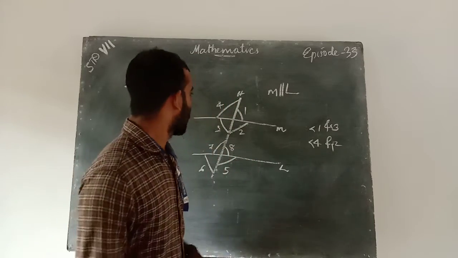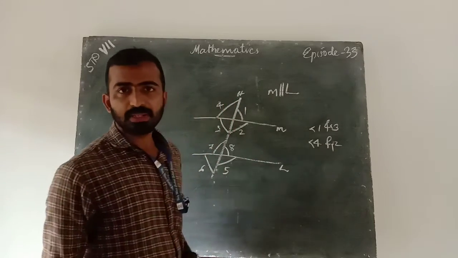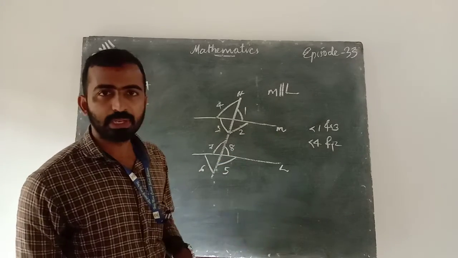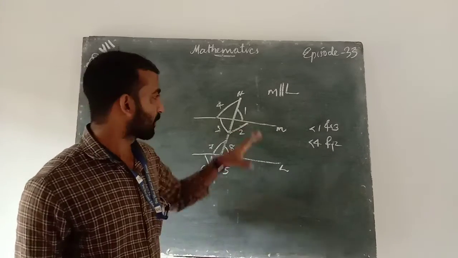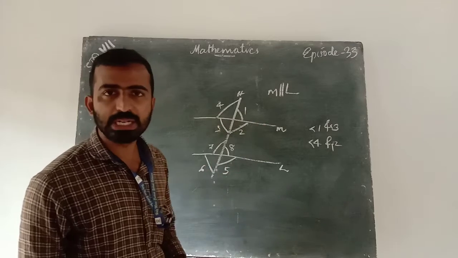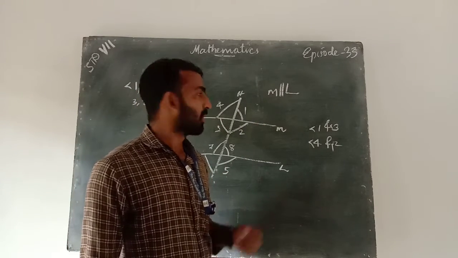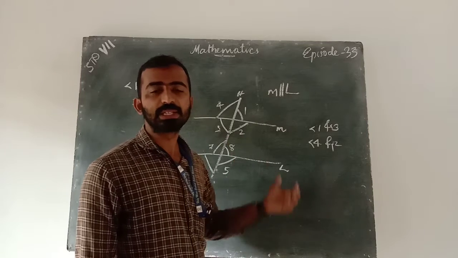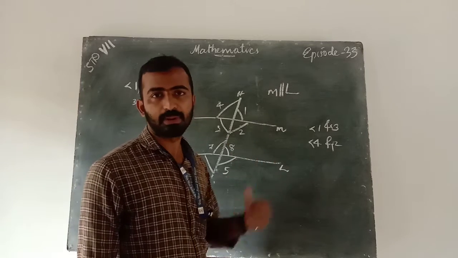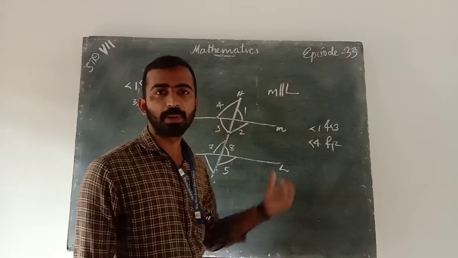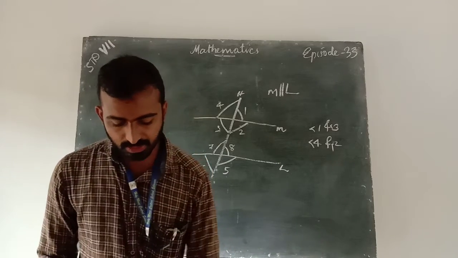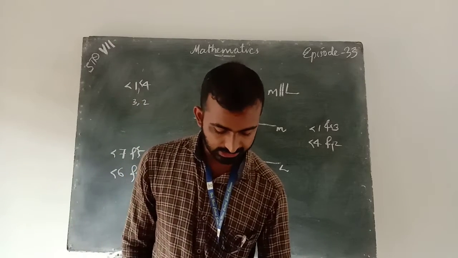Okay. You can say here the linear pair property, or angle sum property, or corresponding angles, or alternate angles, or opposite angles. These are applicable here. Can we start our exercise?